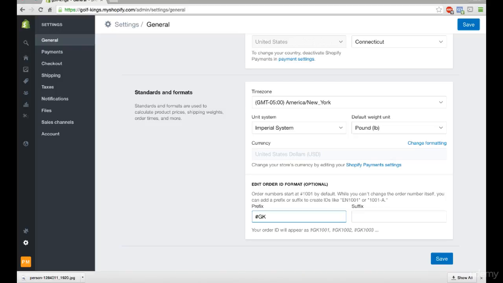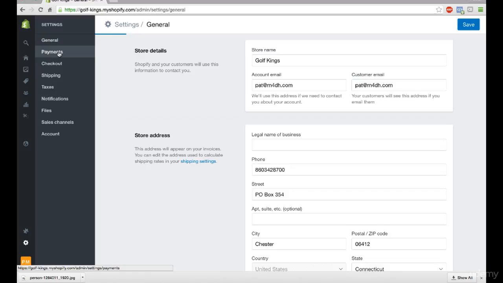Even though it's going to be obvious when I see the product, it's still just nice to know when I'm looking at numbers that GK 1001 is a Golf King order versus, you know, some other acronym that I have for my other stores. So just food for thought, put that in there. It does come in very handy.